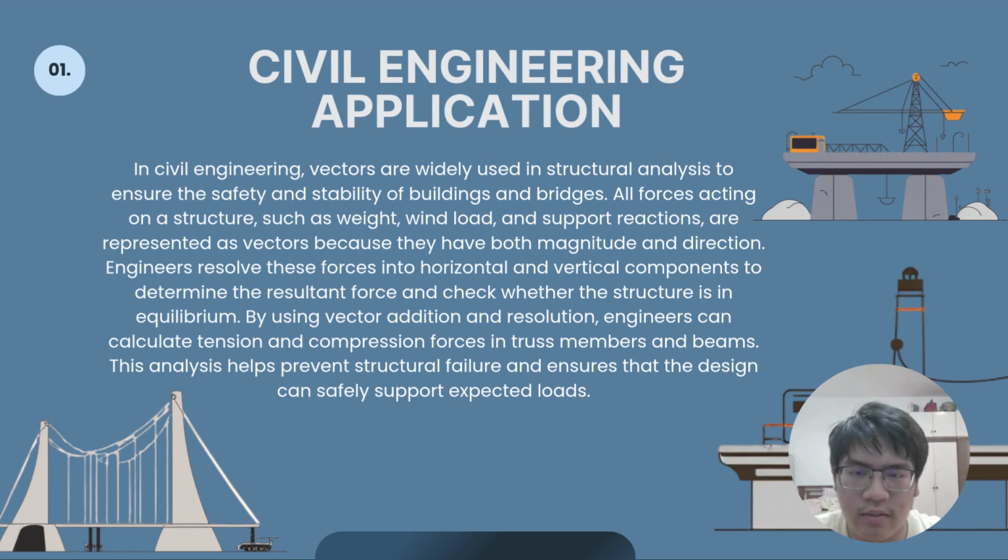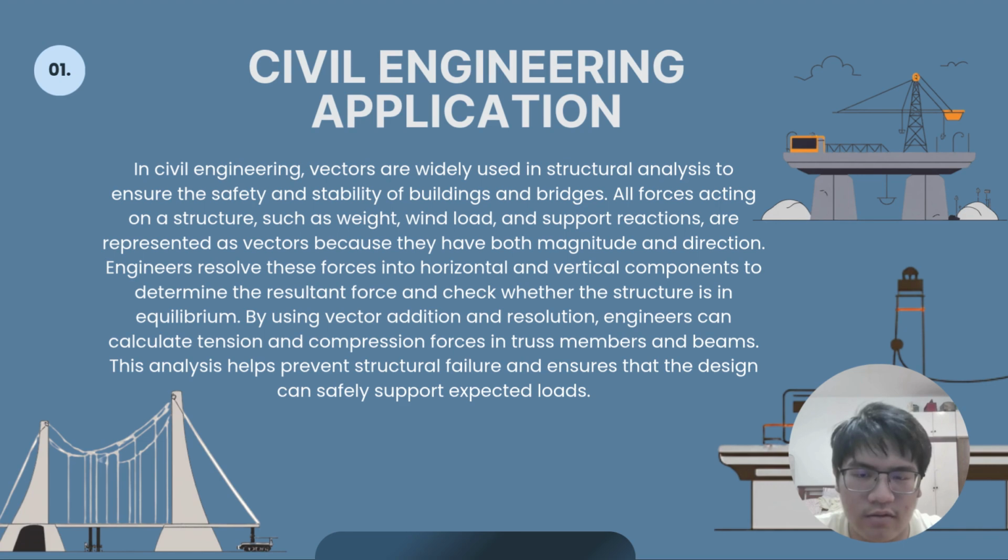Civil engineering application. In civil engineering, vectors are widely used in structural analysis to ensure the safety and stability of buildings and bridges. All forces acting on a structure, such as weight, wind load, and support reaction, are represented as vectors because they have both magnitude and direction.